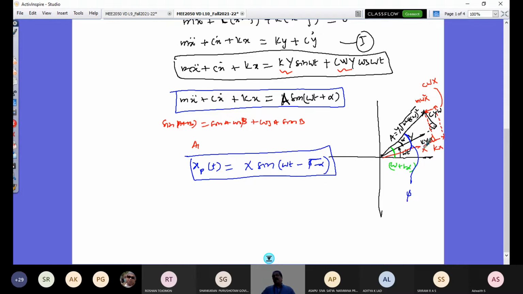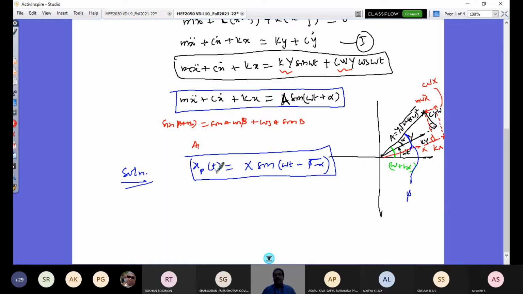It is the phase difference between my response and the excitation. So omega t plus alpha minus phi is what is going to be my x. So all this has been captured. This is my solution, the response for the base excitation problem.